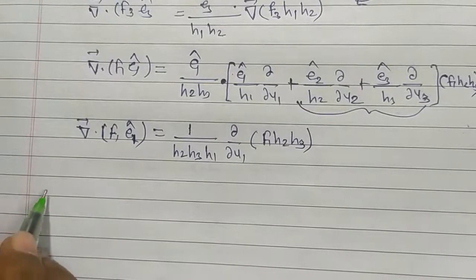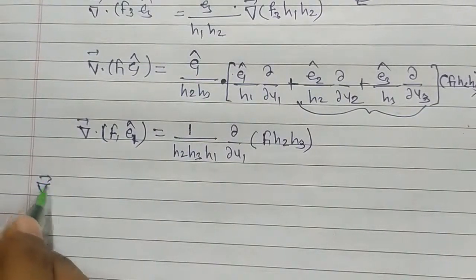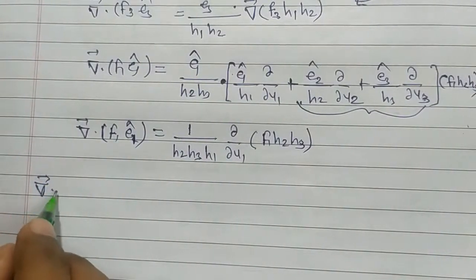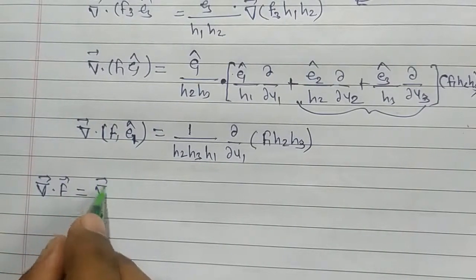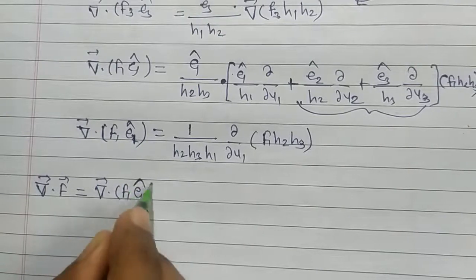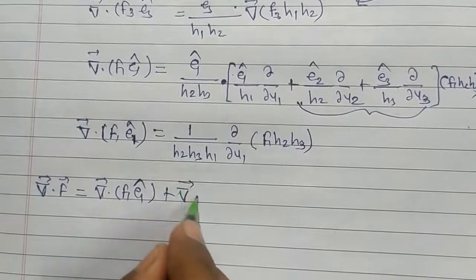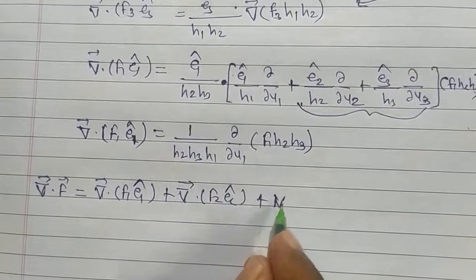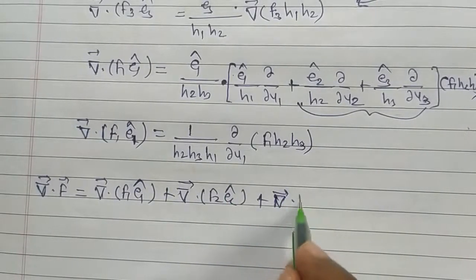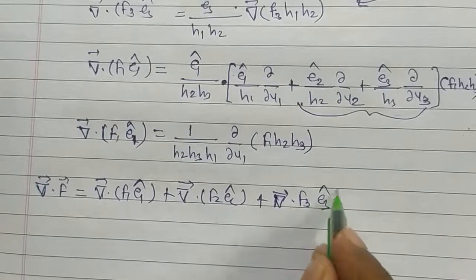Then the overall expression for del bar dot f bar will be, it was like this, I will write it again: del bar dot f1 e1 cap plus del bar dot f2 e2 cap plus del bar dot f3 e3 cap.